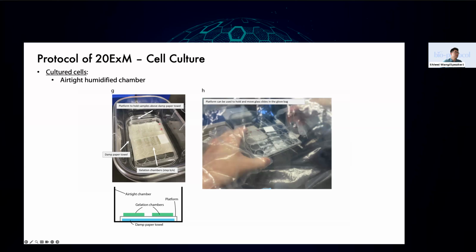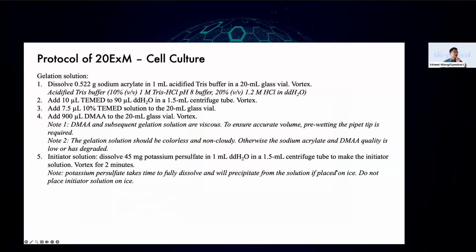The platform can also be used to hold these slides up when you are in the glove bag, which is quite helpful because it's really hard to hold on to these slides directly with the gloves on. So now that these are constructed, you're ready to make the gelation solution.